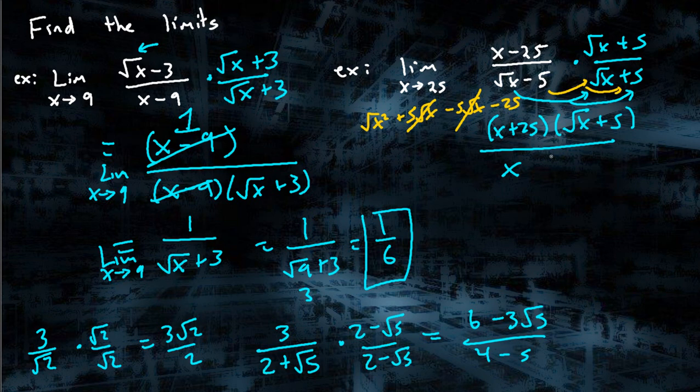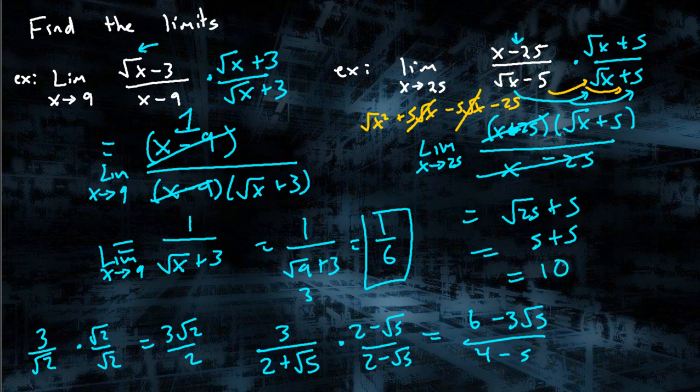All right, so right here, we're going to have minus 25 if I finish multiplying that out. Why did I write a plus right here? That should be a minus. It was a minus, trust me. So the x minus 25's cancel. And I'm doing the limit as x approaches 25, which is going to equal the square root of 25 plus 5, which is 5 plus 5, which is 10.